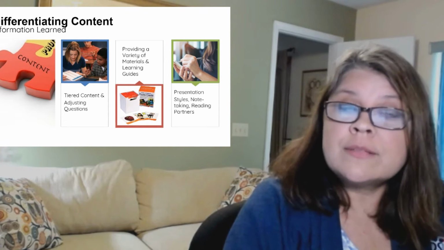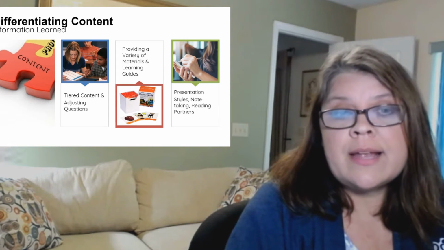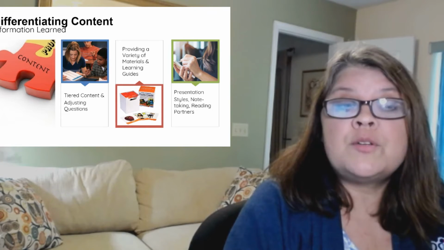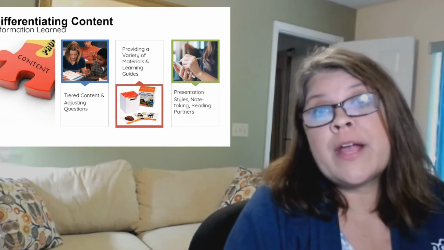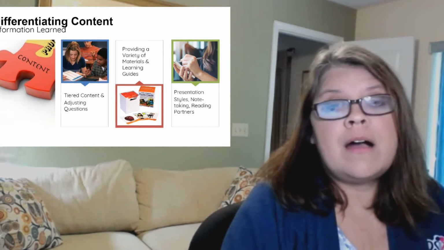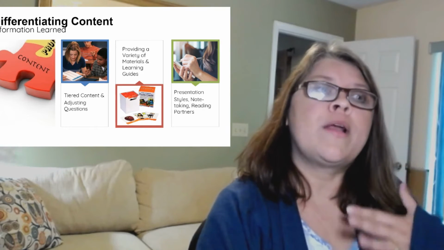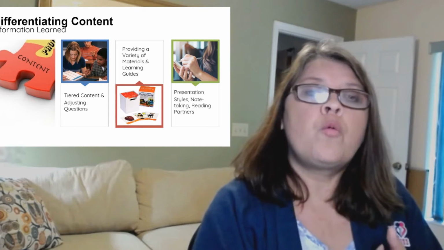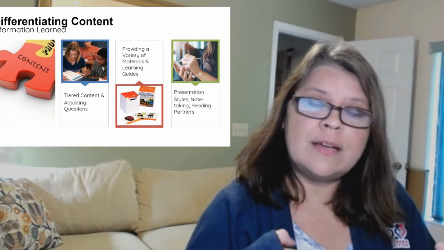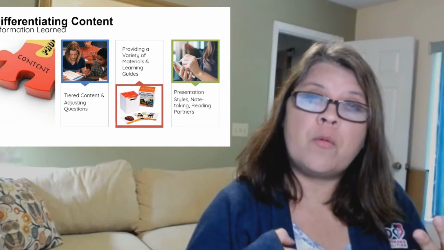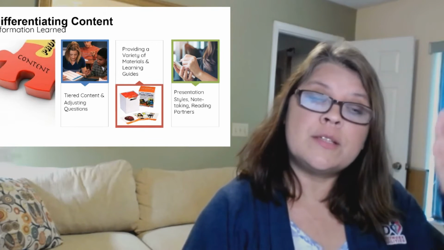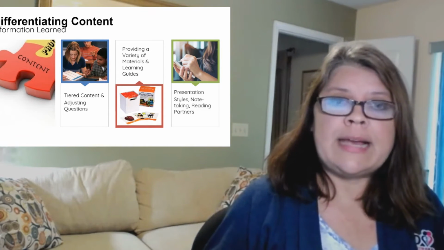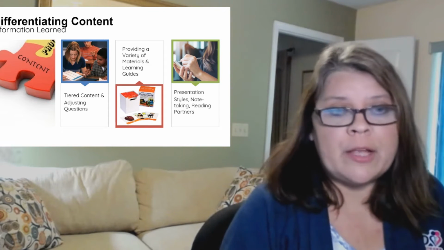Examples of differentiating content at the elementary level include using reading materials at varying readability levels. Sometimes my son, when he was transitioning into a chapter book, we would fill in the background information that he didn't know with a lower level book. So he's still reading the chapter book, but he was also getting some lower level readability to help him understand vocabulary and concepts.